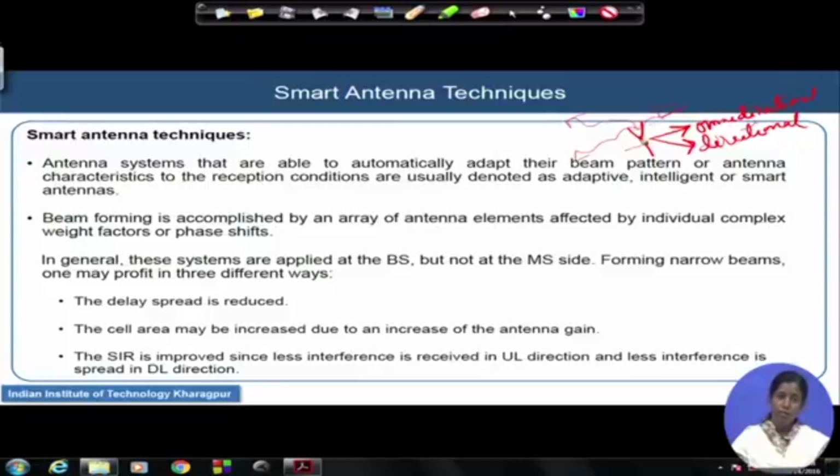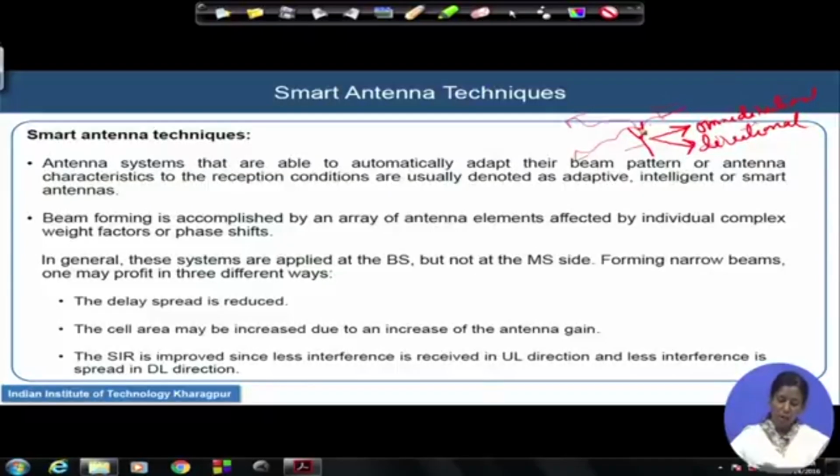Smart antennas are those antennas which can adaptively change these beam patterns, or change their antenna characteristics, in such a way that the reception condition is facilitated. If our interest is signal to interference ratio, the interference is reduced, or the signal power is increased.